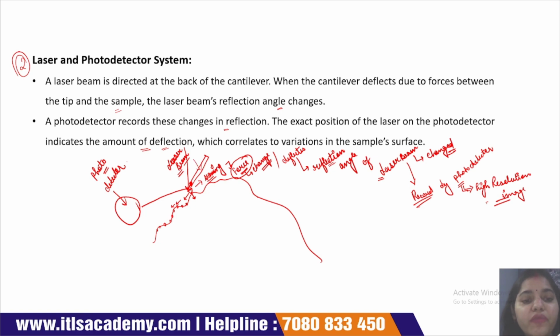Due to the changes in force, the reflection angle of the laser beam will change, and these changes are recorded by the photodetector. These signals are recorded by the photodiode, and this photodiode provides a high resolution image of the biological sample.